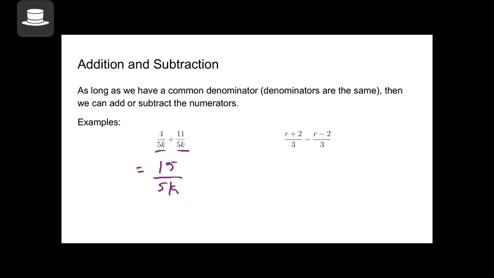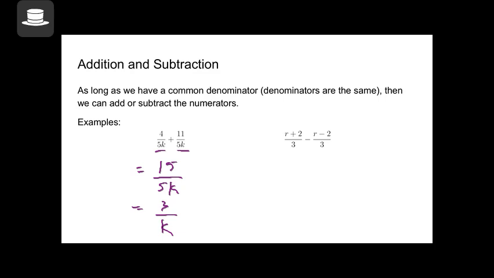Okay, so your denominator will stay the same. Now I can just reduce this, and depending on if you want to use the greatest common denominator or the greatest common factor, you can just say, okay, well, 15 divided by 5 is 3 over k, and that would suffice perfectly.